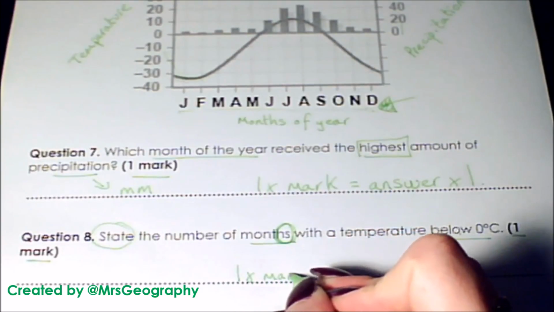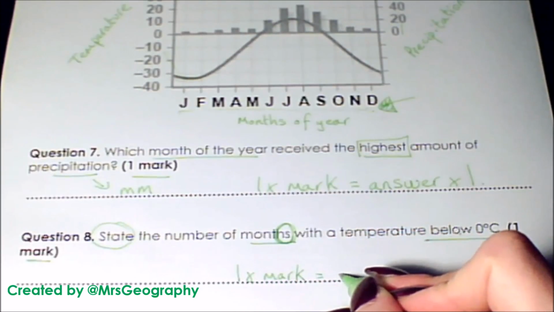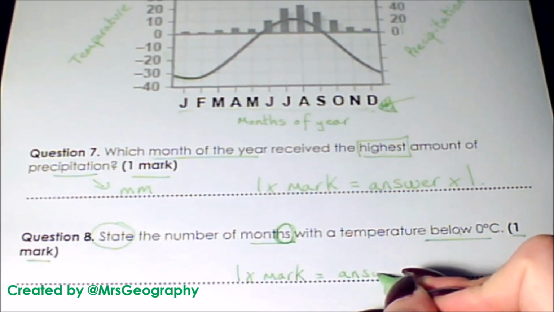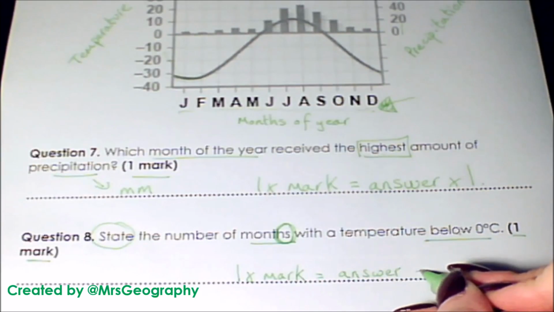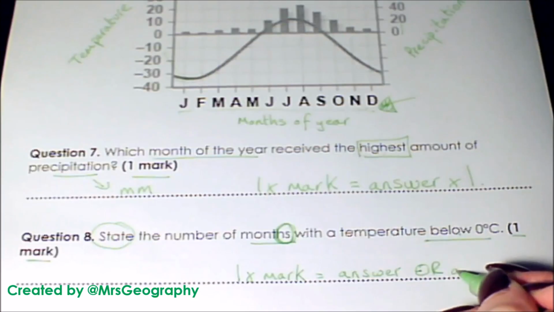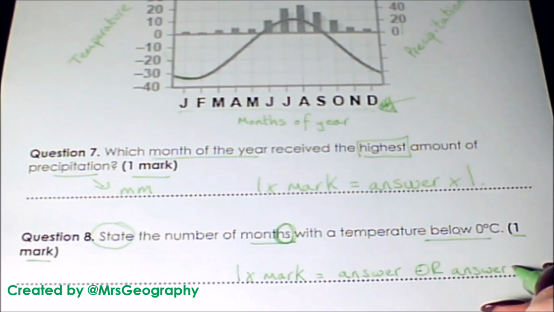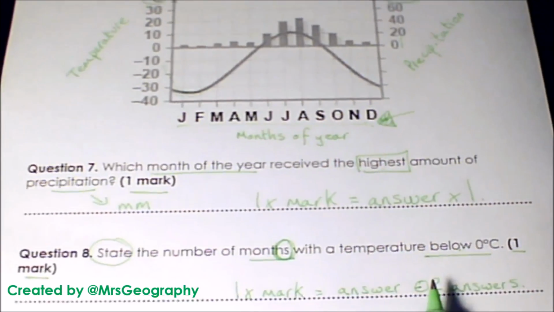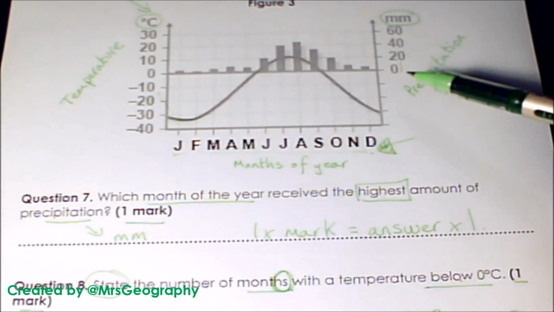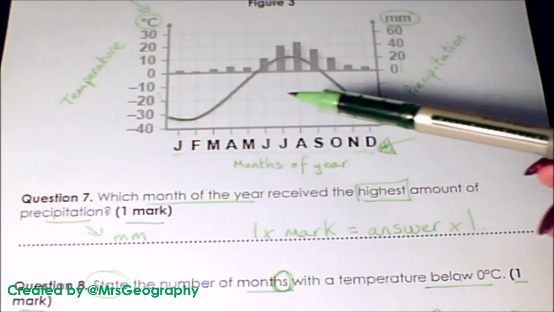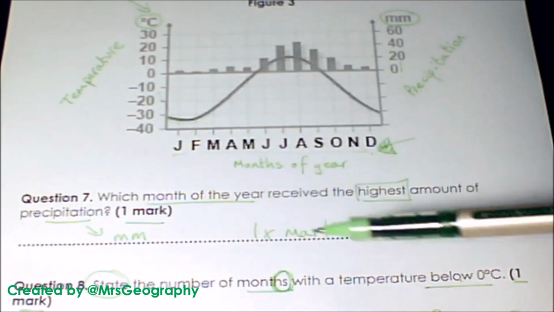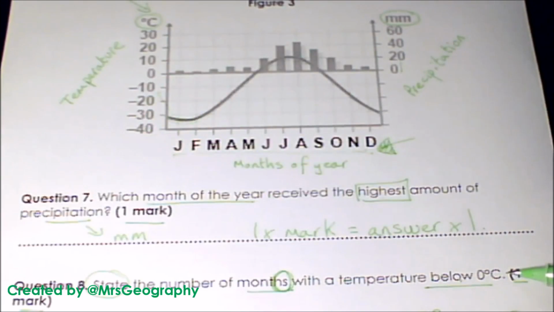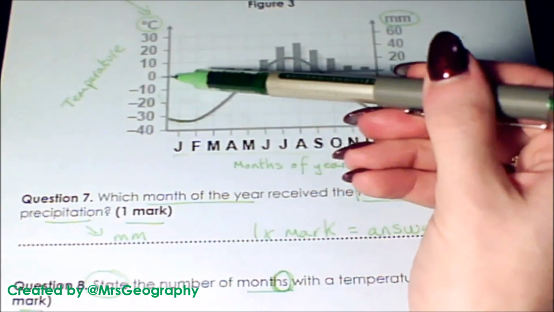So we know the question's 1 mark, but think about, is it one answer or are they looking for more than one answer to allow you to get this 1 mark? If you only write one answer, because it's asking for months, you will not get that mark. So use the graph above, the climate graph, and obviously look at temperature below 0 degrees, so below this line.